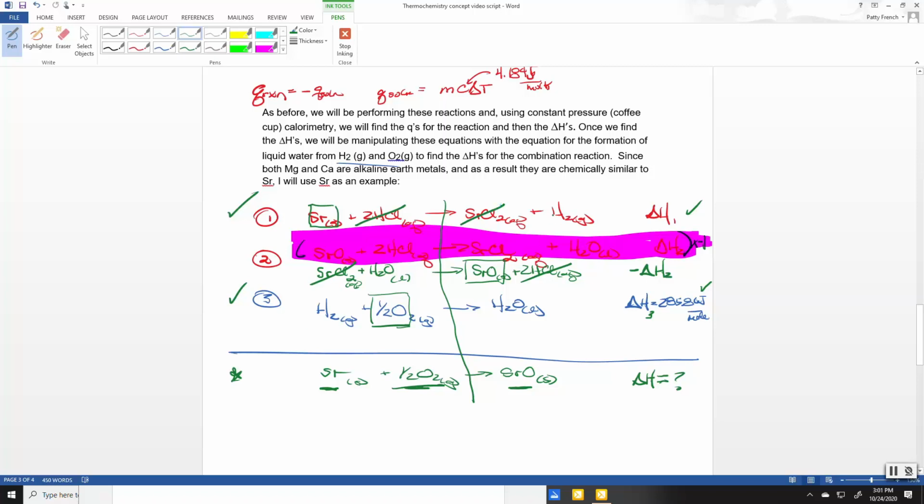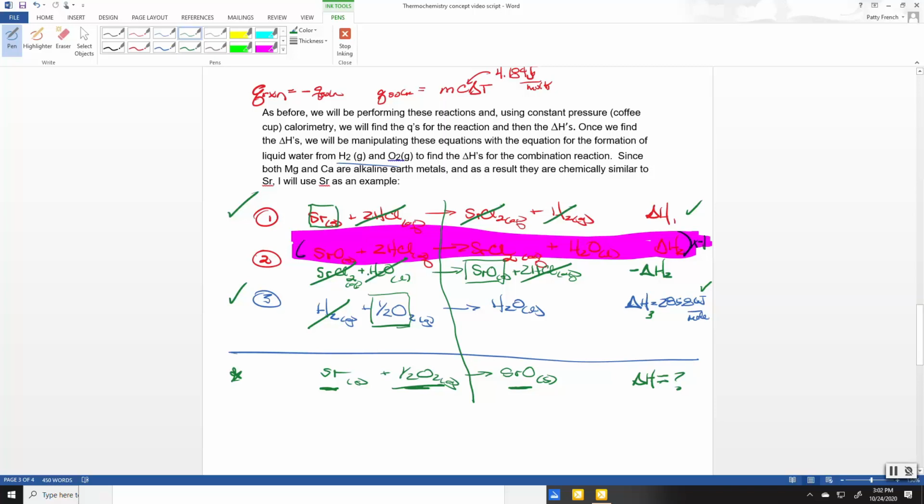What else do I have? Hydrogen gas. I need to get rid of 1 mole of hydrogen. Oh, right down here in equation 3. On opposite sides of the equation, they cancel out. Okay, so that took care of this. Going down here, I still have water that I need to get rid of in the second equation and in the third equation.